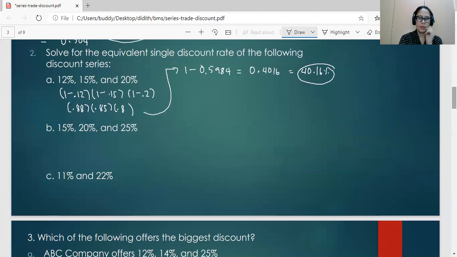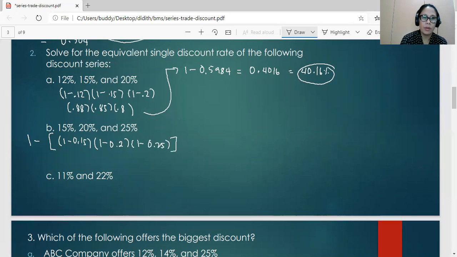Okay. For number 2, we have 1 minus 0.15. If we're going to consider all the steps in method 1, we are actually going to subtract the product from 1, right? So this is 1 minus 0.2, 1 minus 0.25. There. Okay, so we have 1 minus the product of the 3 here.